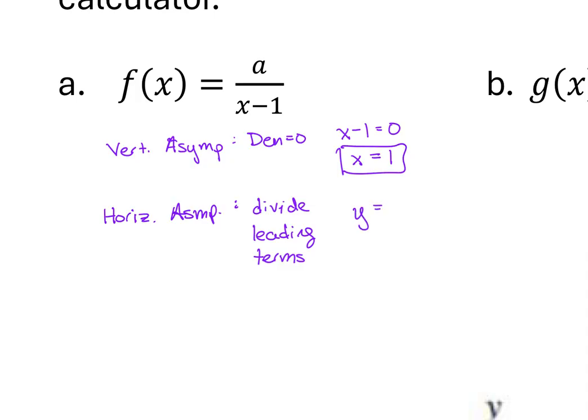And if we do that, we get a over x. As x gets really big, this fraction gets really small. And so because we do still have that variable in the denominator that does not go away, we have a horizontal asymptote of 0. All right, so those are my two asymptotes.